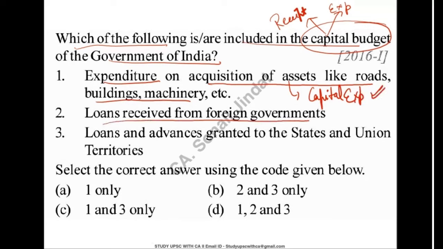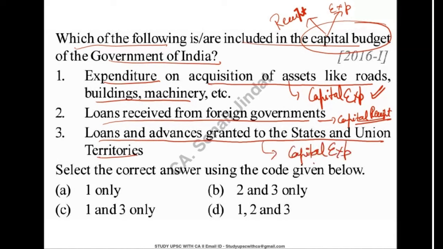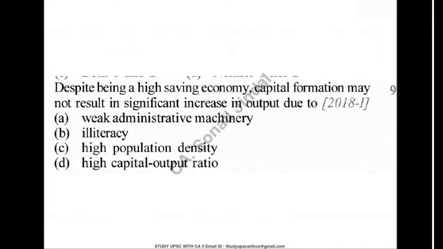So is it a part of the capital budget? Yes. Loan received from a foreign government. This is a capital receipt. Money will come in, and this is non-recurring in nature. It will not come every year. So let's see the third statement. Loan advances granted to the states and union territories. This is capital expenditure. This is also non-recurring in nature. So the answer is D.